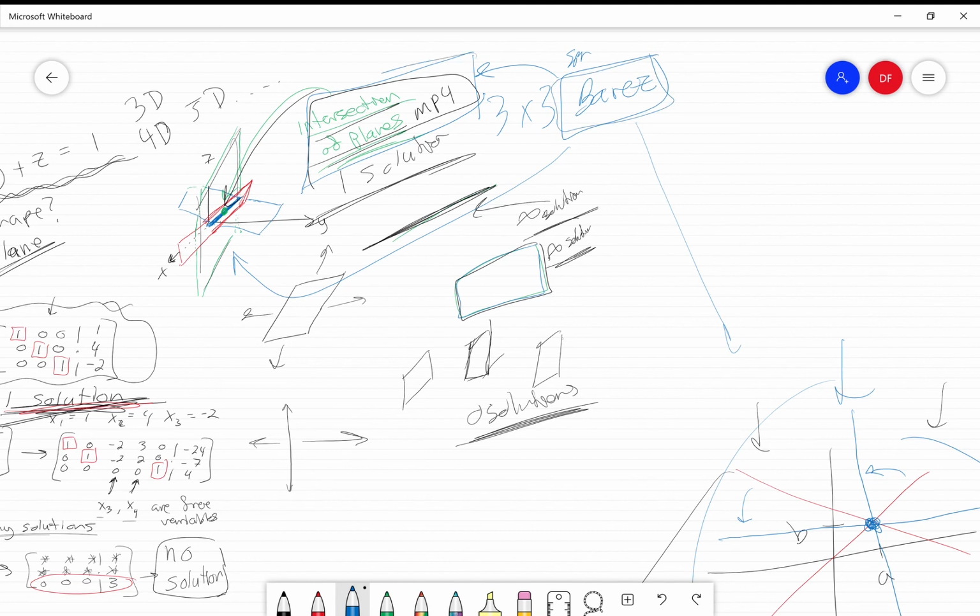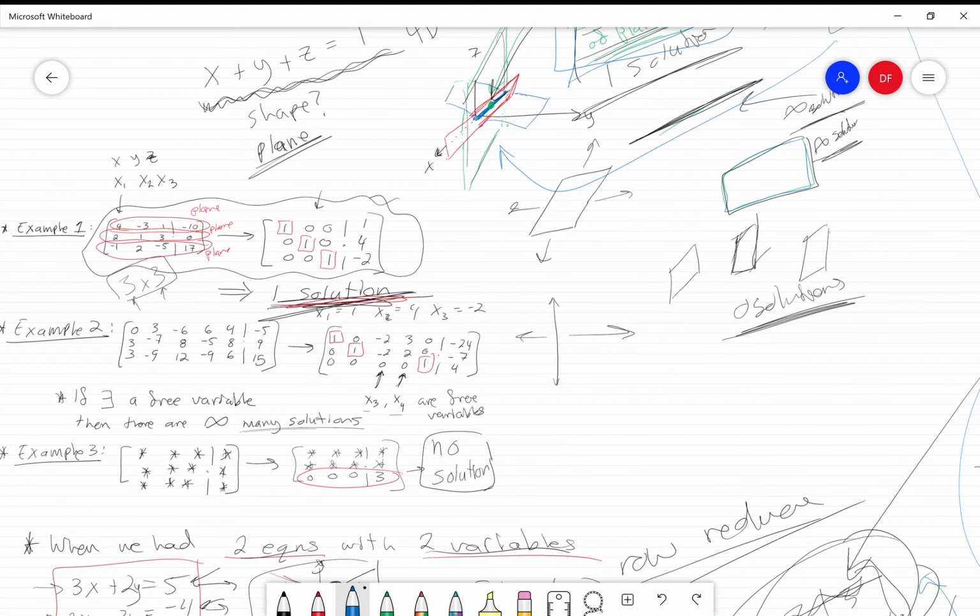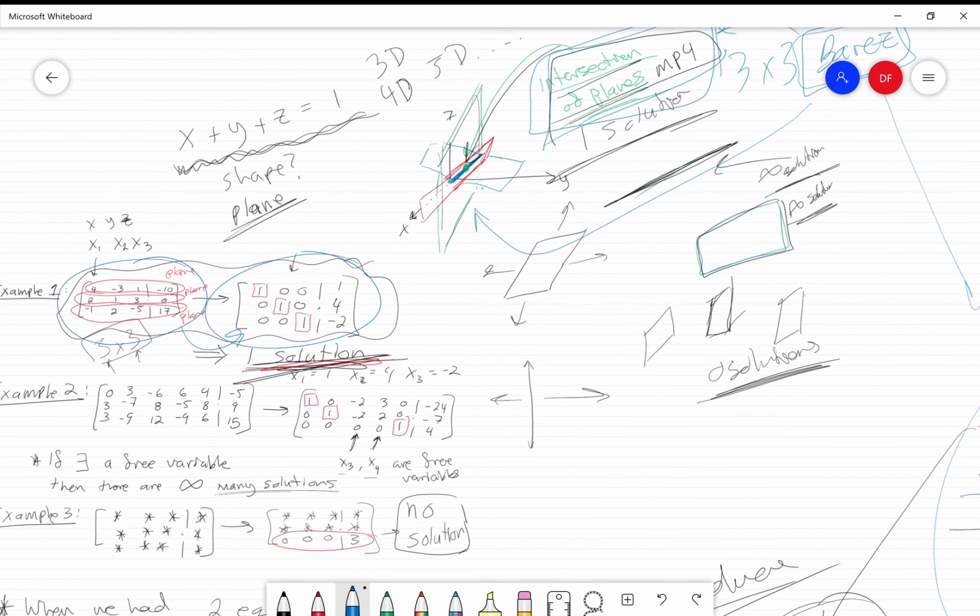And I will upload this video so that you can see what is happening geometrically when we change from something like this to something like this. Okay? That's exactly what this video is showing. Geometrically, what's happening right here. Right? Because algebra is meaningless without geometry.